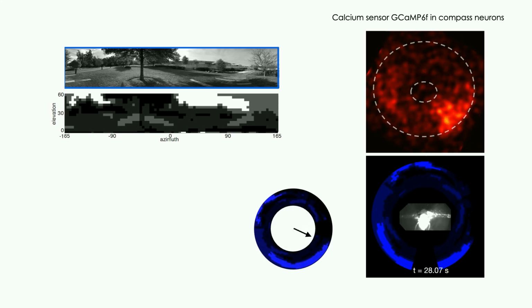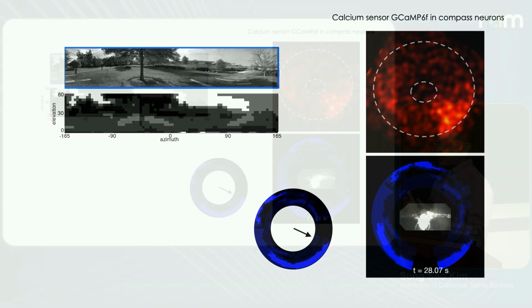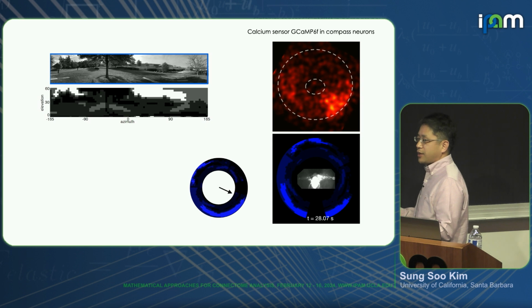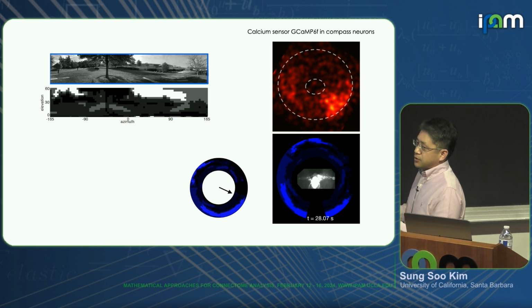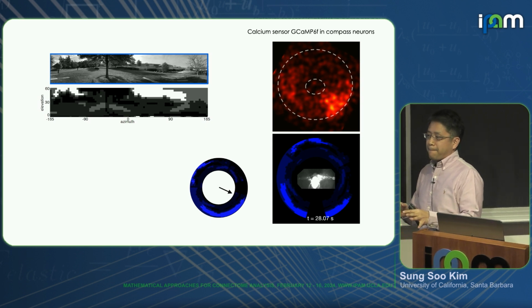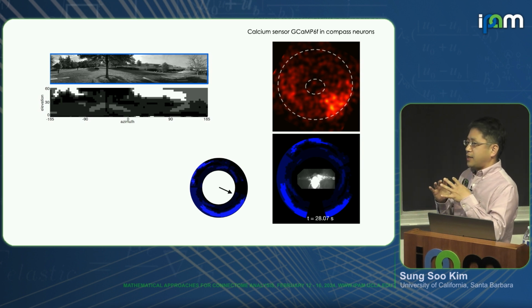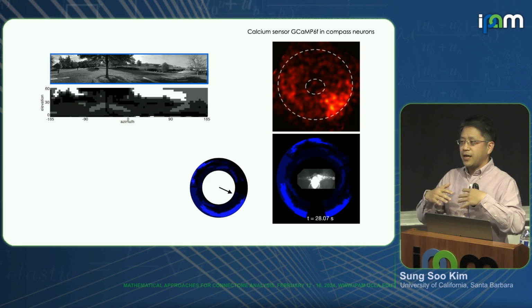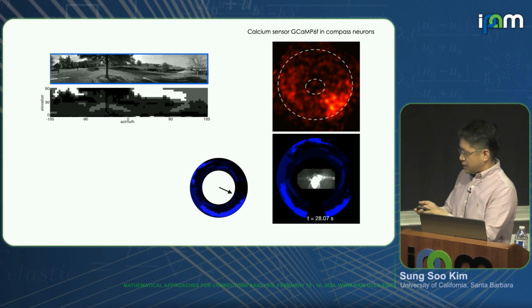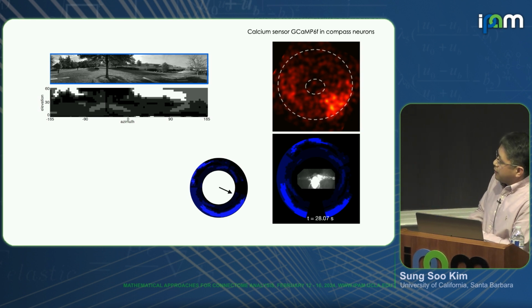And notice that there is a very clear angular relationship between the scene orientation and the location of the bump. So we call it an offset. And this offset is consistent within a fly, but can vary across flies. So how can I say?